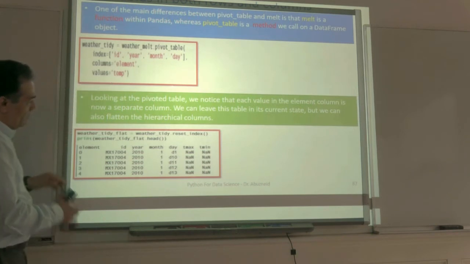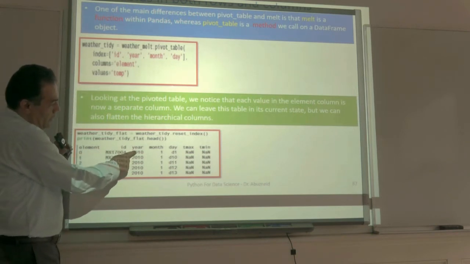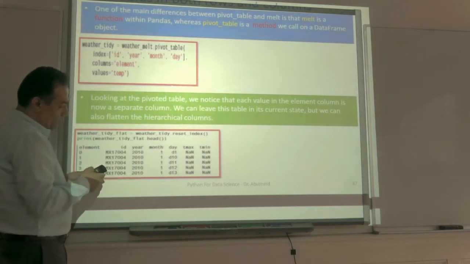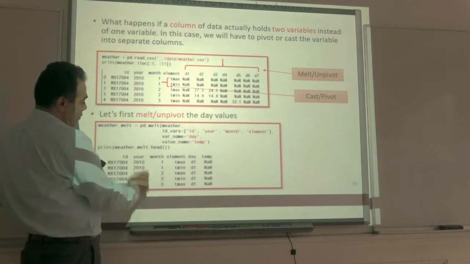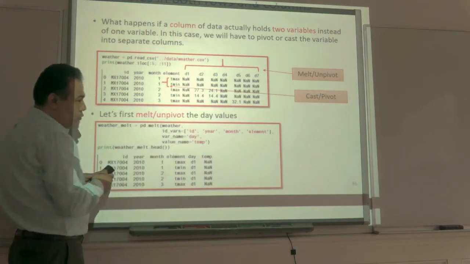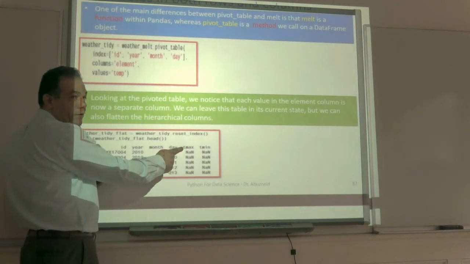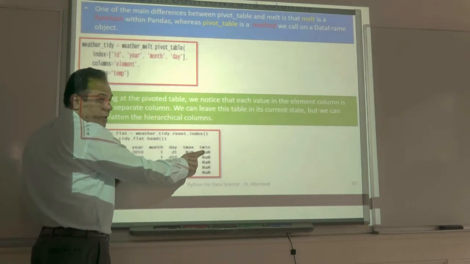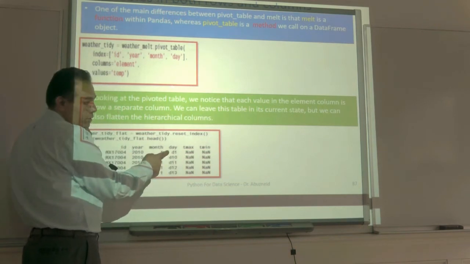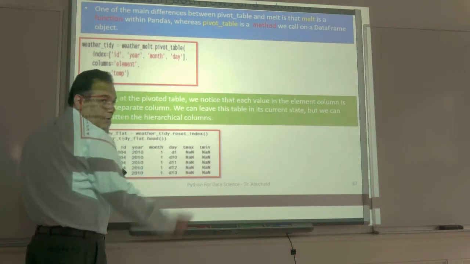So what will happen now? ID and year and the month and the day, we pivoted it. So we have temperature max and temperature minimum. So day 1, day 2 will have both.